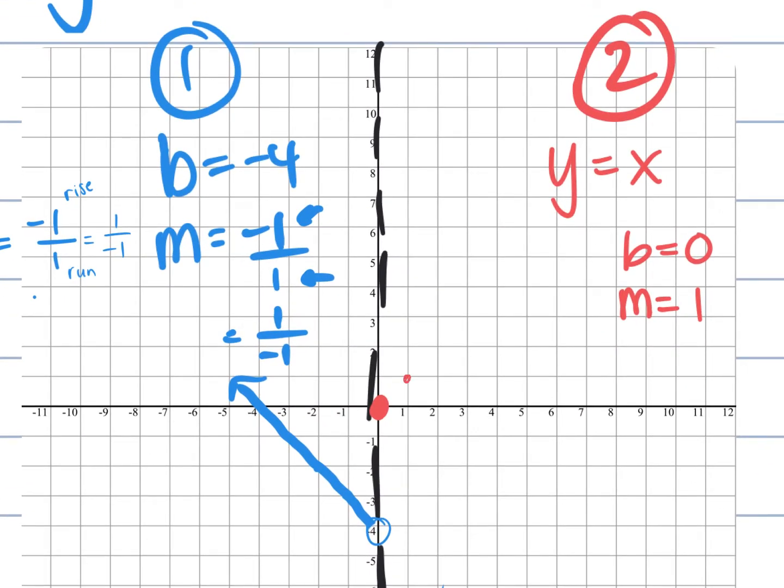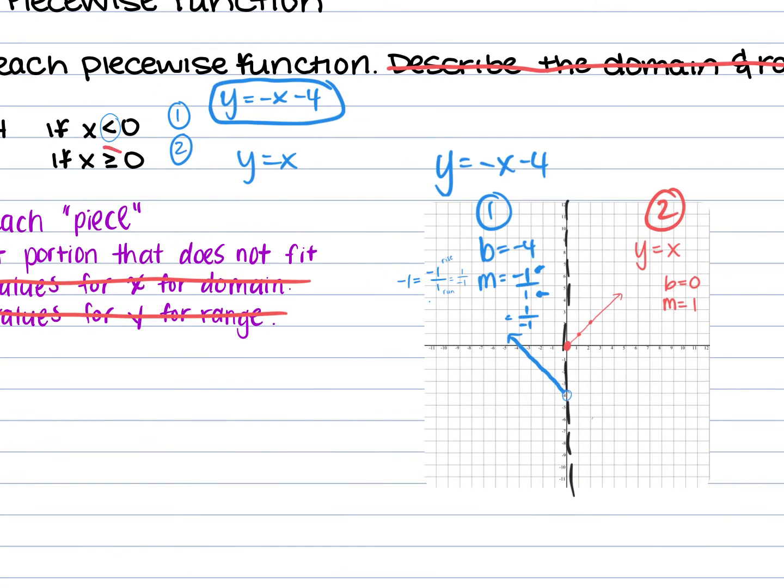Up 1 to the right 1. Am I okay with moving in this direction? Am I in piece number 2's area? Yes. So I just draw a line that continues on forever. Is this an open or a closed circle in piece 2? It's closed because of this guy. And I'm done.